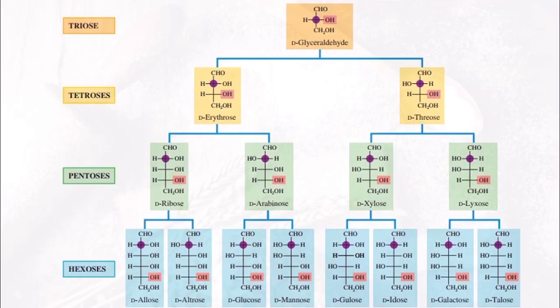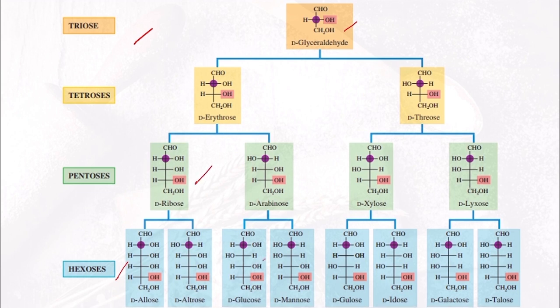This is the Fischer projection formulas and common names for D-aldoses, no, containing 3 to 6 carbon atoms. So, again, ito yung mga kailangan i-memorize na structure. Yung mga important structures. Ito, D-glyceraldehyde, D-ribose.